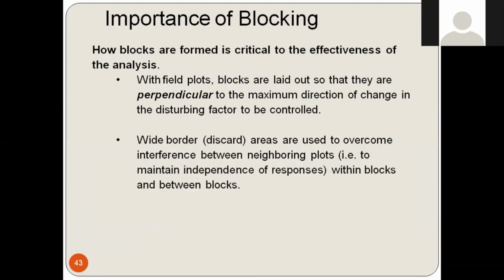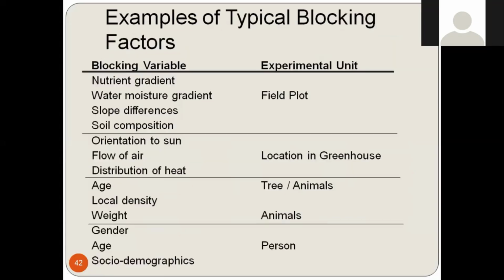Now, we already said you are always doing the blocking perpendicular to the gradient. Now let's look at some examples of factors that we can consider during blocking. Nutrient gradient in the field plot.